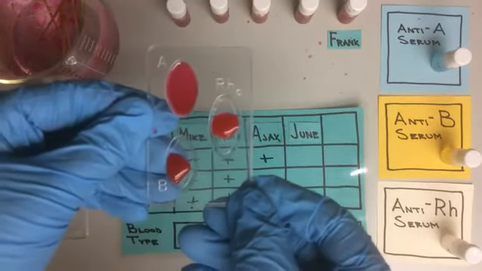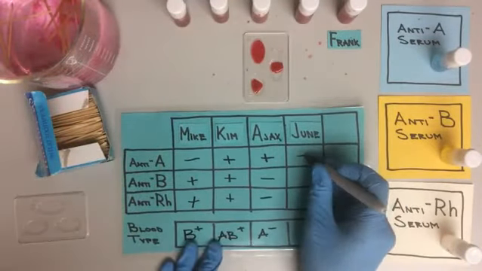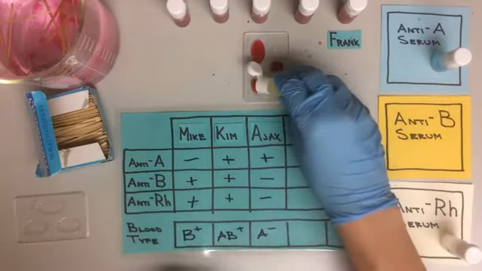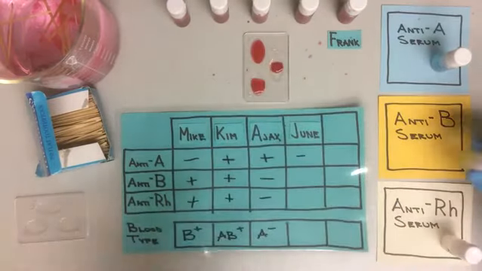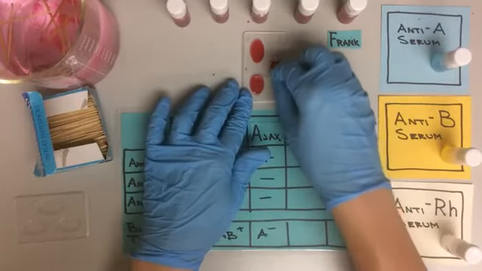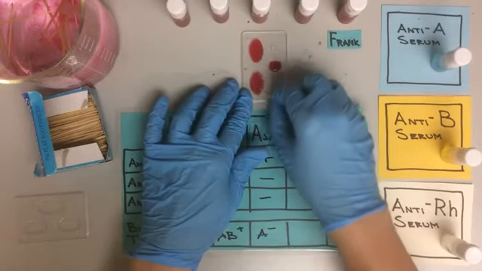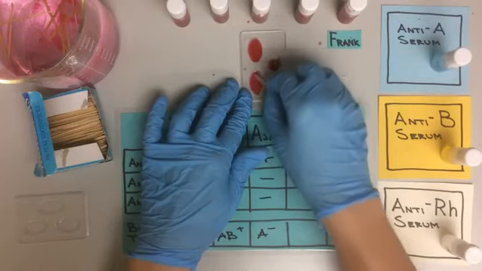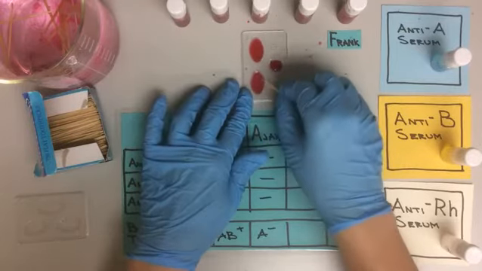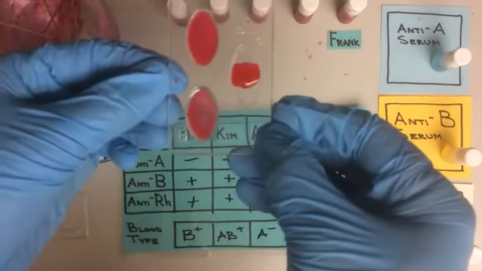Here we see no agglutination. For anti-B, we do see agglutination.